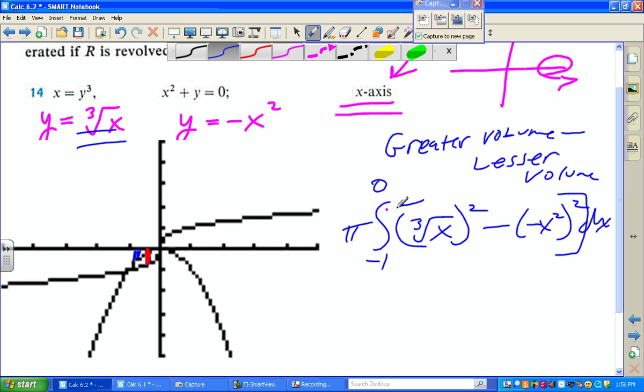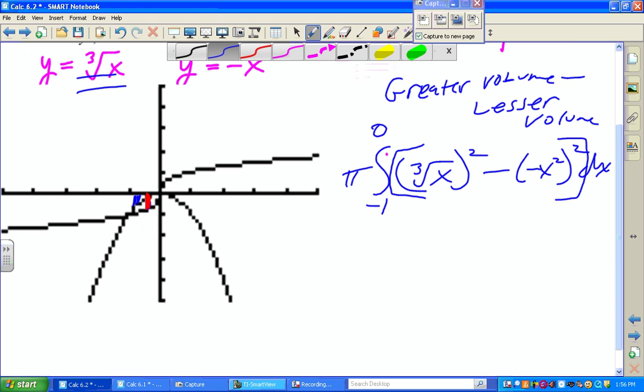Need brackets. But you have to understand you're subtracting the volumes. Not like area.